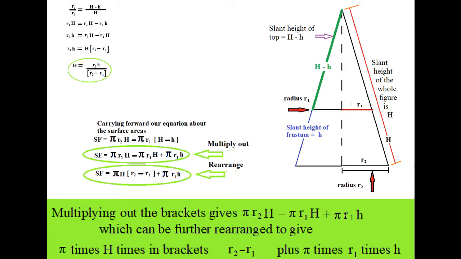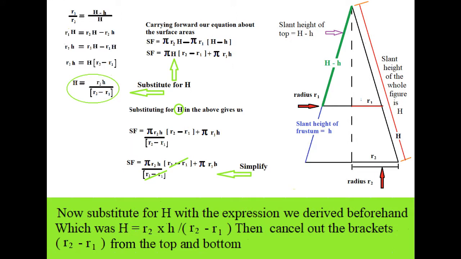Multiplying out the brackets gives pi times R2 times big H minus pi times R1 times big H plus pi times R1 times small h, which can be further rearranged to give pi times big H times (R2 minus R1) plus pi times R1 times small h.